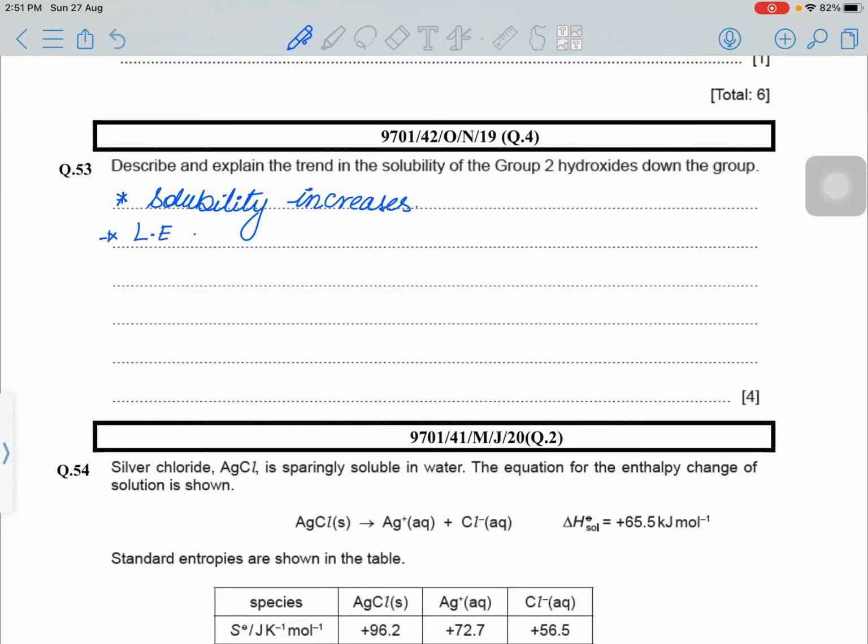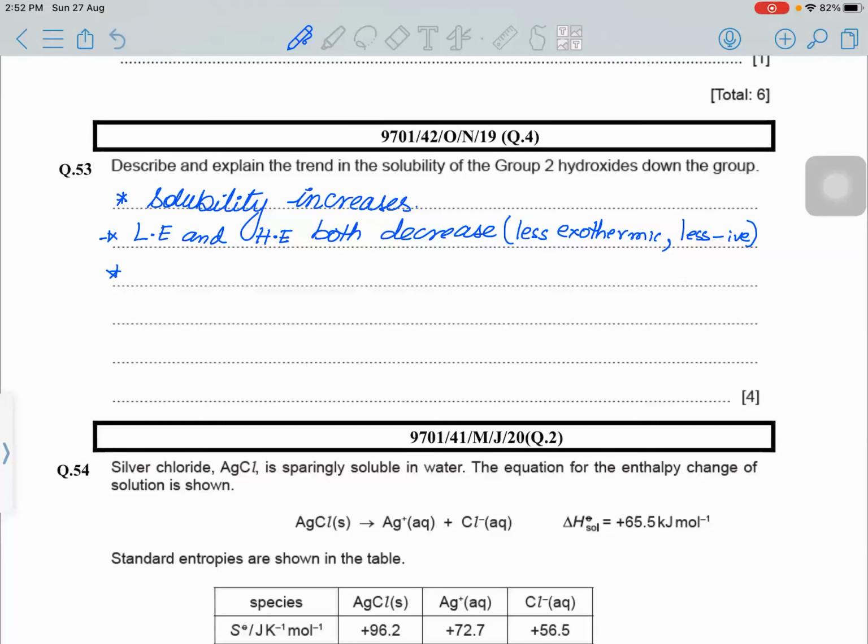Lattice energy and hydration energy both decrease. Less exothermic. Less negative.